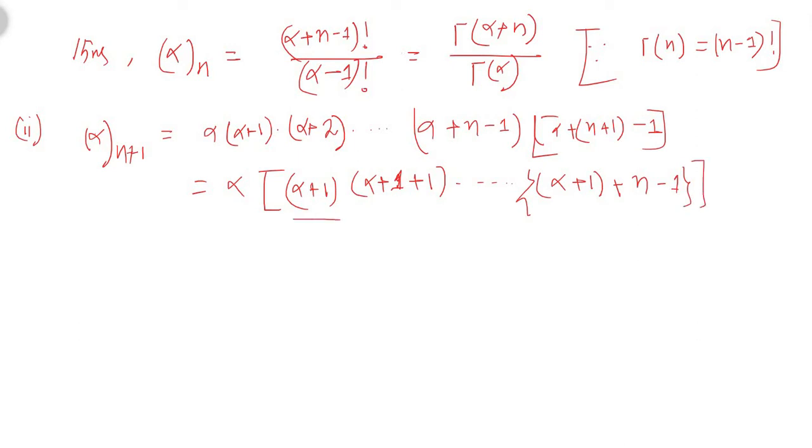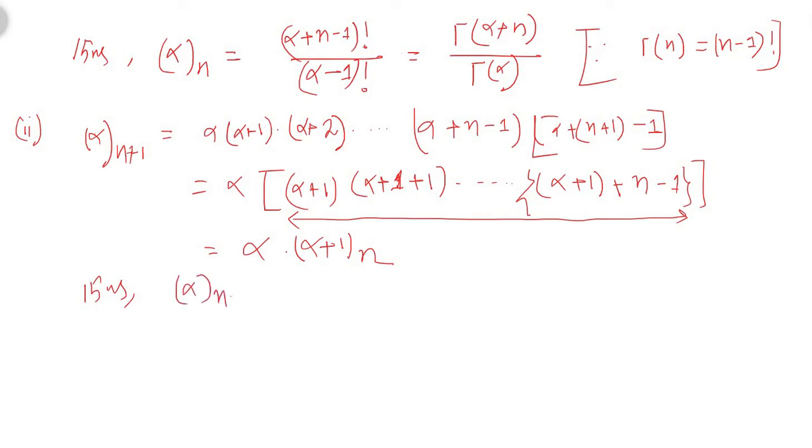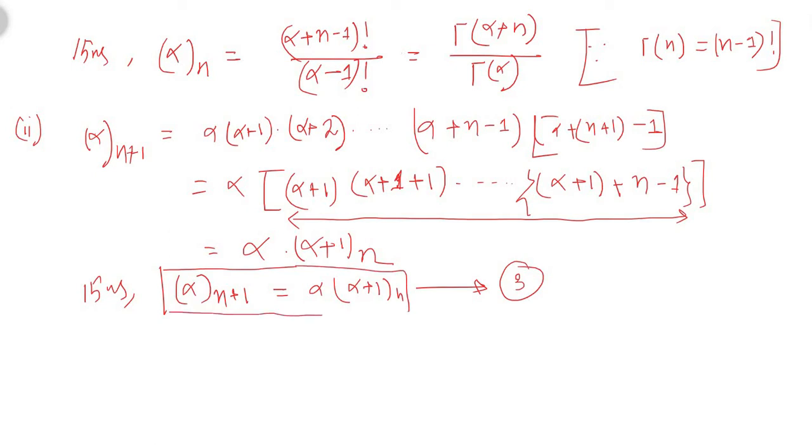By definition, this will be equal to alpha plus 1 n. Thus alpha n plus 1 is equal to alpha into alpha plus 1 n, and this is our equation number 3. This equation is a very important equation.